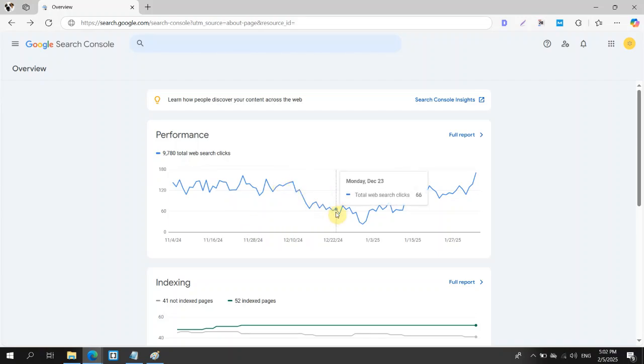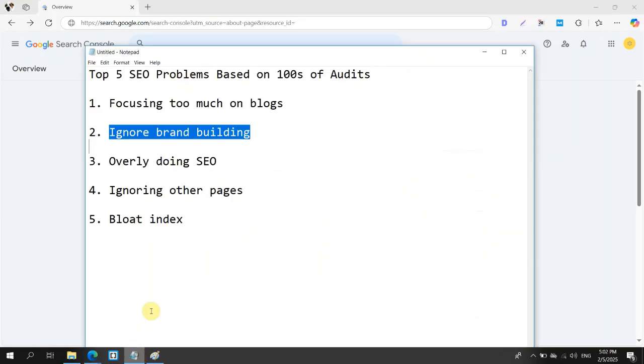Even though they faced some drops here due to some technical issues, or a little bit of problems on their on page, how did they quickly bounce back? The reason is because they have some kind of good branding behind it, right? Like always, brand.